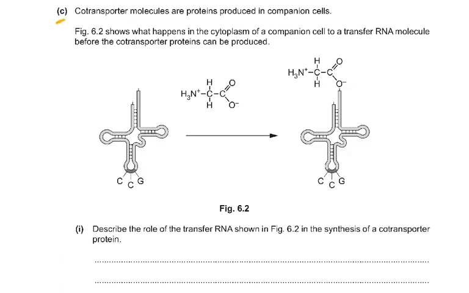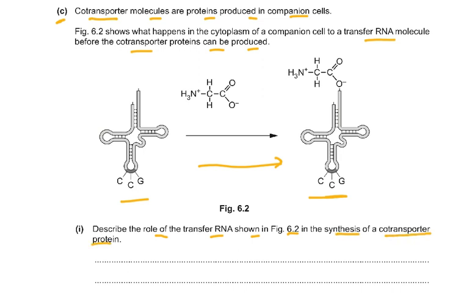Part C of the question says co-transporter molecules are proteins produced in the companion cells. Figure 6.2 shows what happens in the cytoplasm of a companion cell to a transfer RNA molecule before the co-transporter proteins can be produced. So we have this structure, and then something happens, and then we have this structure. Describe the role of the transfer RNA shown in figure 6.2 in the synthesis of a co-transporter protein.